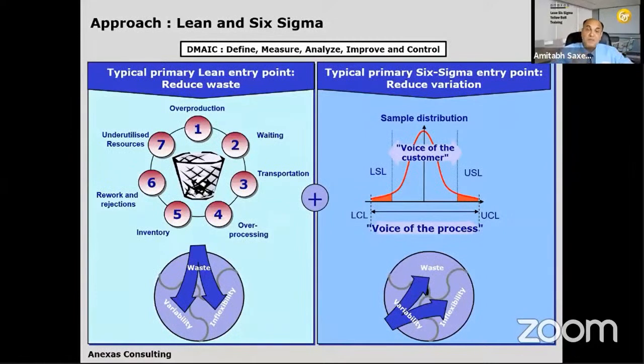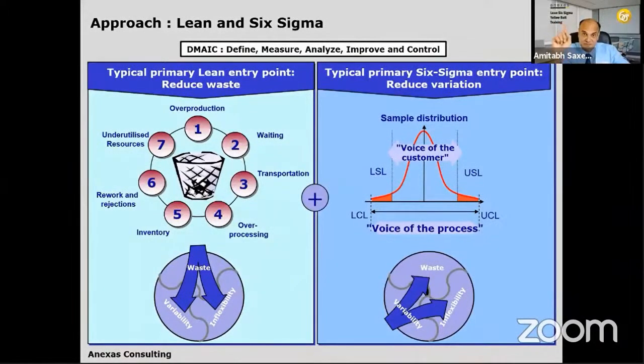What is Six Sigma? Six Sigma is about understanding what the customer wants, understanding the specification limits of the customer, and then trying to deliver to the customer within the specification limits set by the customer. Every product or service will have variation.